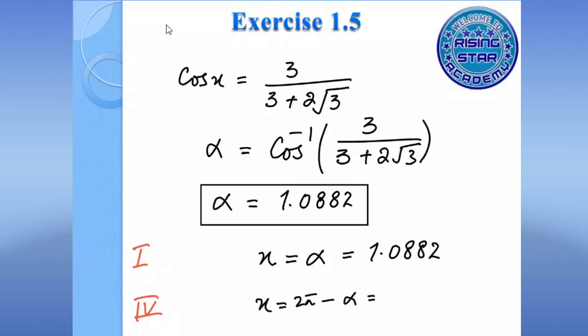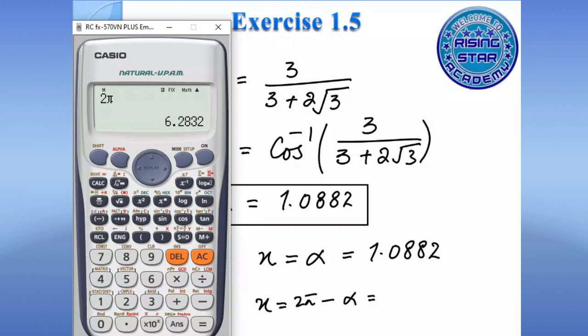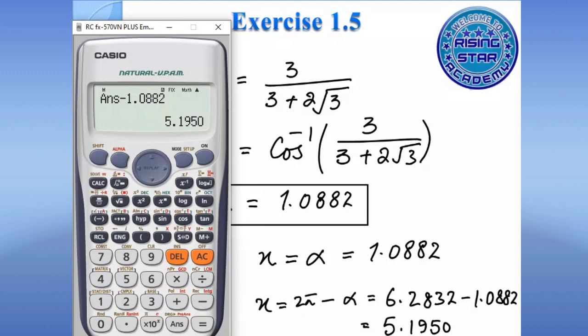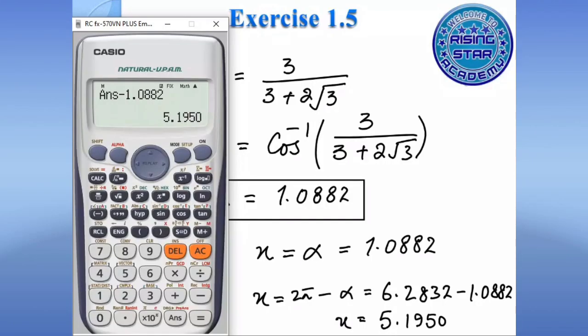So 2 pi value would be 6.2832 minus 1.0882. We will subtract. So our final answer would be 5.1950 radians. So move to the next.